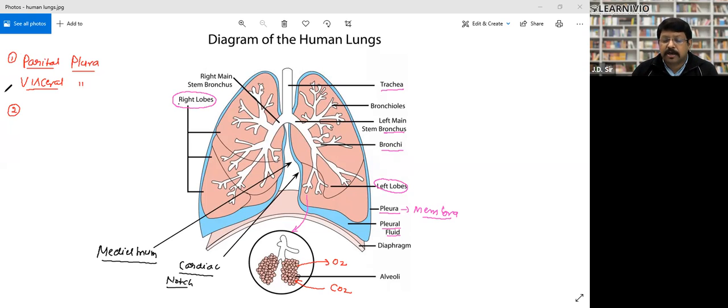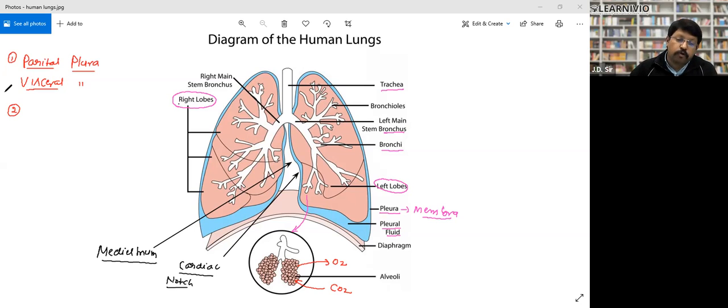Whenever the air passes through them, they start vibrating, and because of this vibration we are able to speak. So these vocal cords are the part of the larynx which help in producing sound.